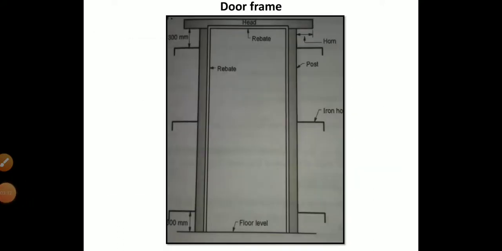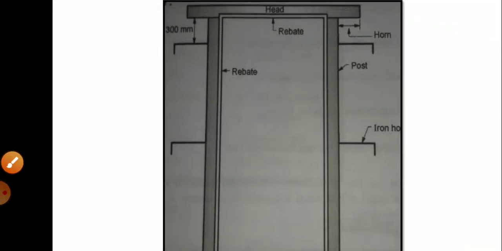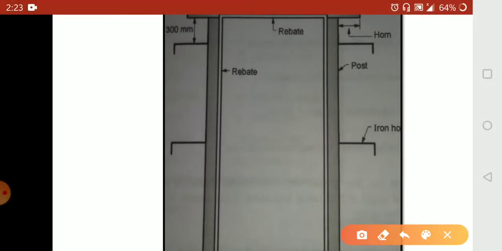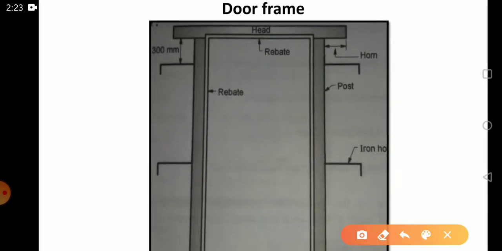Next is the door frame. You can see here, this is called the head. This portion is called the rivet. This is called the horn. This part is called the post, and here is also the post.